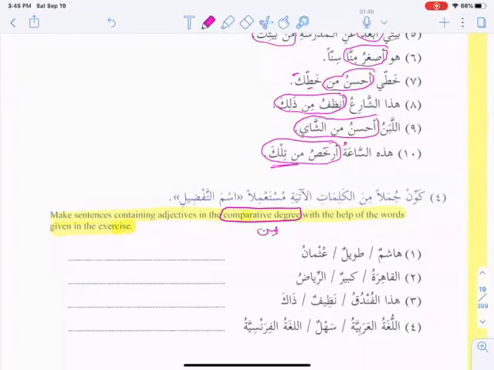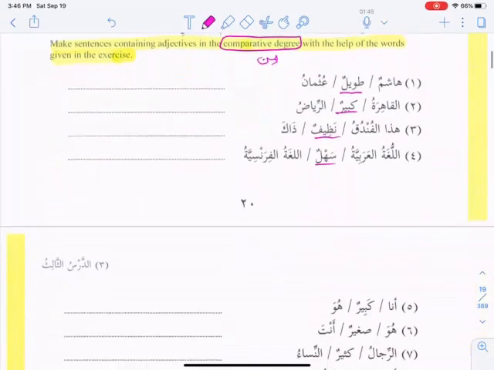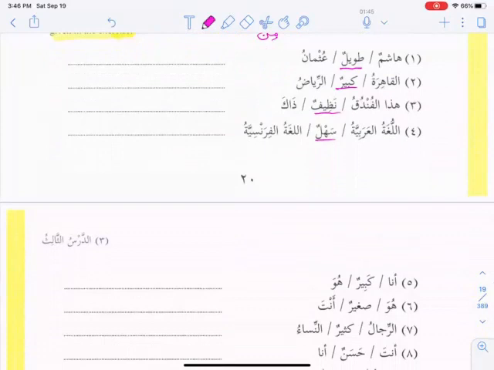Hashimun, what will you say? Tawilun, what will be the comparative degree? Atwalu. Kabirun, Akbaru. Nazifun, Anzafu. Sahelun, Ashalu. Are you getting my point, my brother? Kabirun, Akbaru.